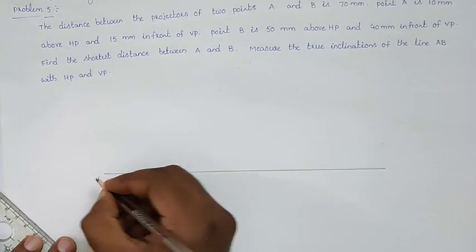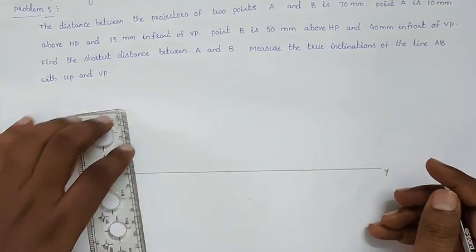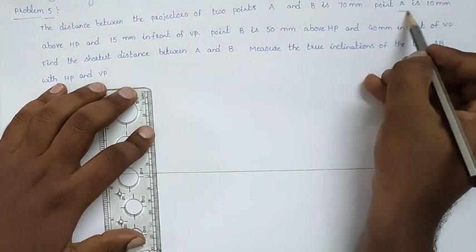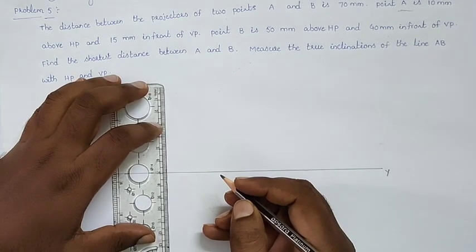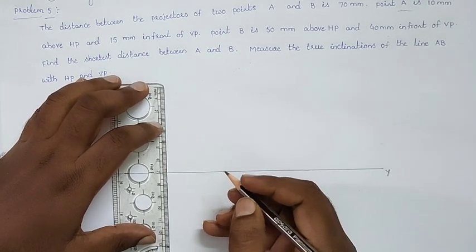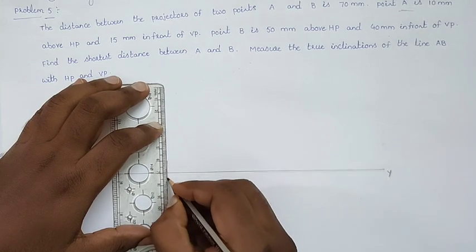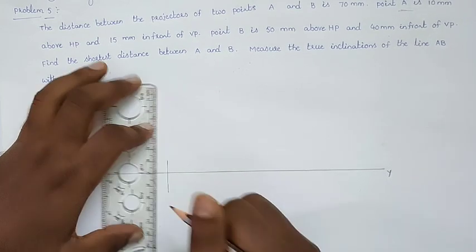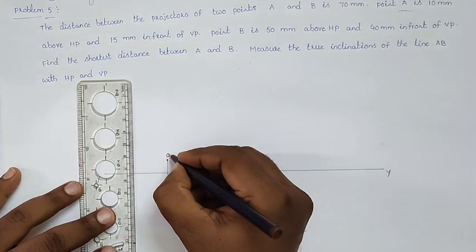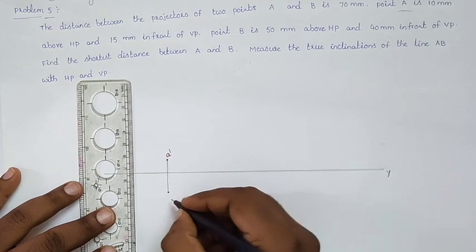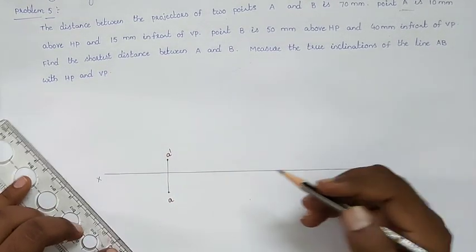For finding that, first of all we will draw the reference line. After drawing the reference line, we will give preference to the position of point A. Point A is 10 mm above HP and 15 mm in front of the VP, so 10 mm above means we draw the projection of point A as A dash, and 15 mm in front means we draw the projection as small a.